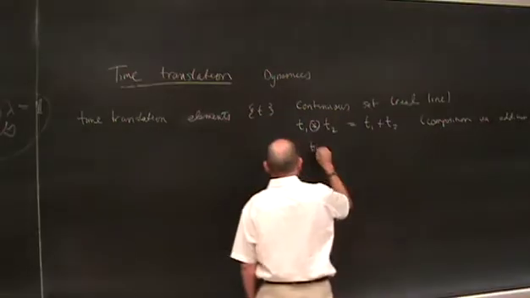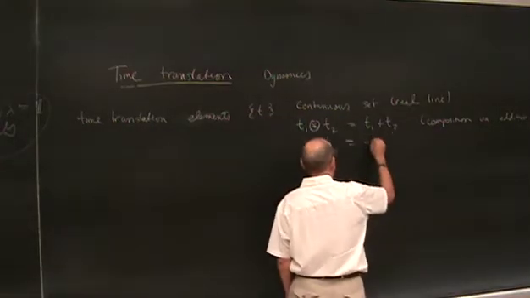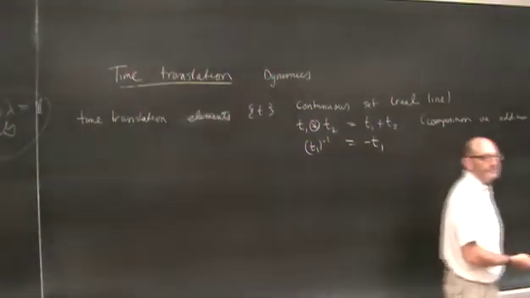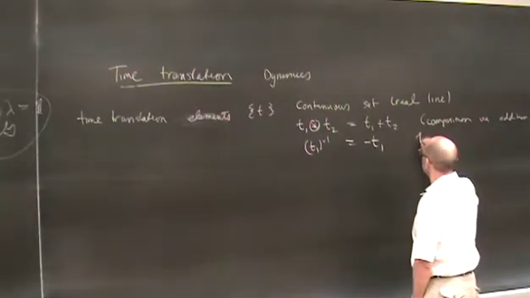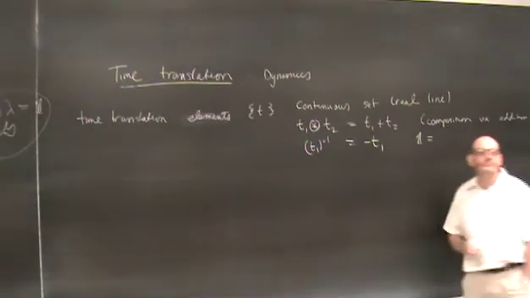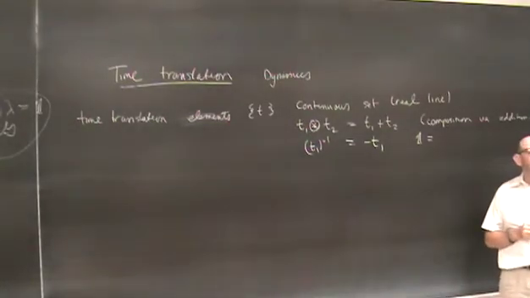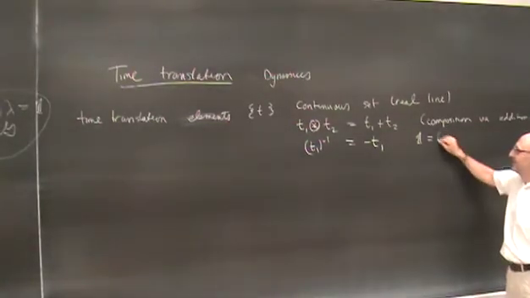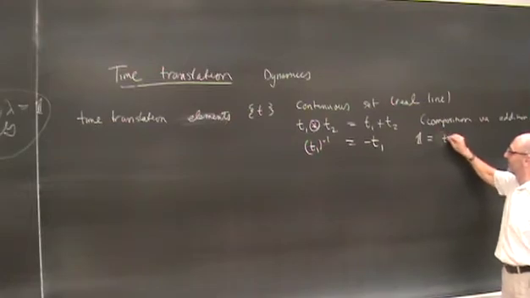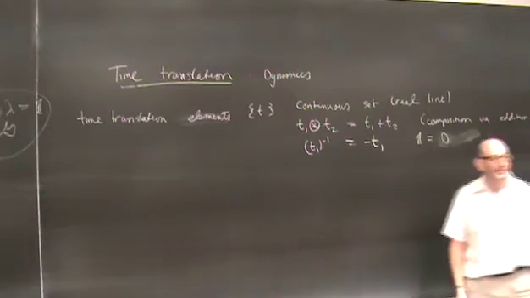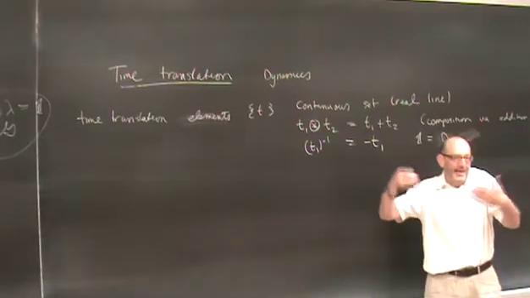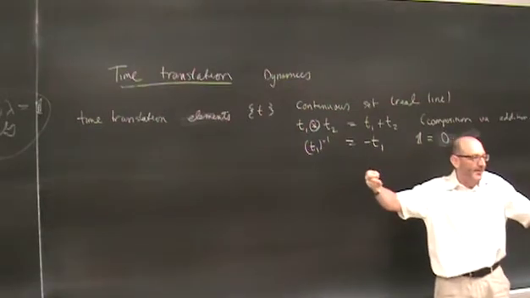And the inverse, if I want to go backwards in time, I just have the minus sign. Okay? And the identity element is what? 0. Let's call it 0. That means if I add no time to it, I haven't changed the translation at all.